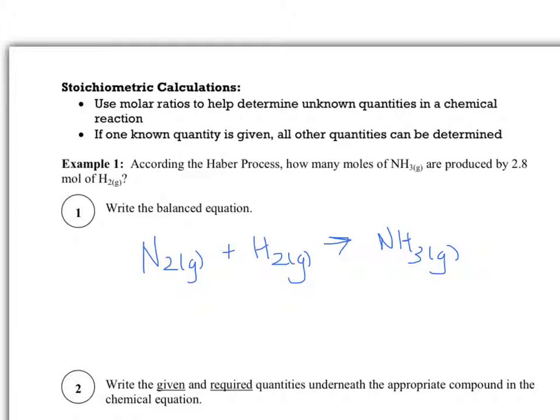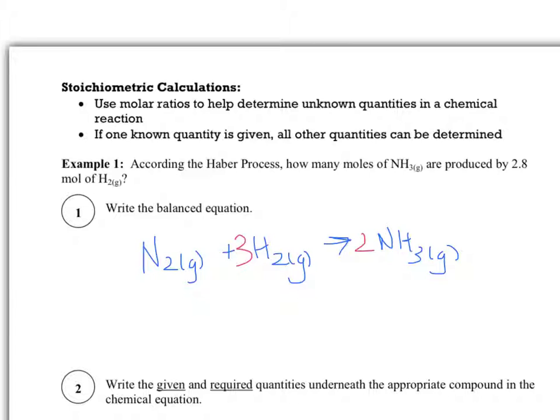And to balance it, we need to have a 3 in front of the H2 and a 2 in front of the NH3. And this tells us that for every 1 molecule of N2 gas, we need 3 molecules of H2 gas to react with 2 molecules of NH3 gas.